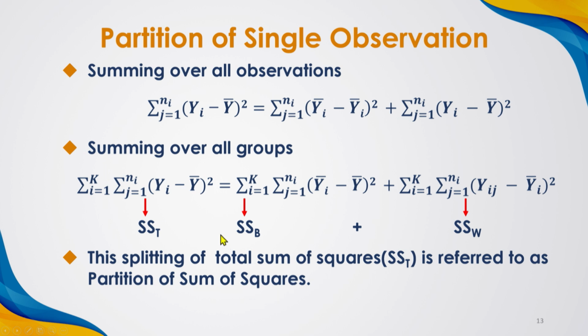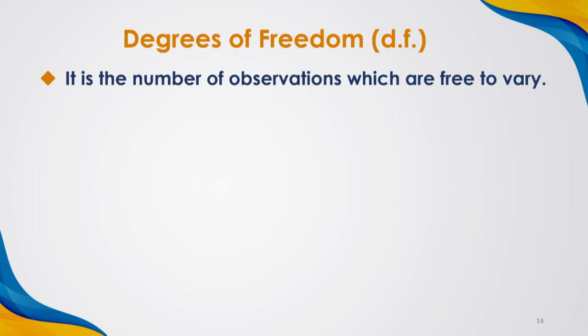Now, we are going to represent the total sum of squares for our discussion as capital S with subscript t. Degrees of freedom is one of the important concepts in one-way ANOVA. Let us try to understand what degrees of freedom is, abbreviated as DF in many textbooks. It is defined as the number of observations which are free to vary.